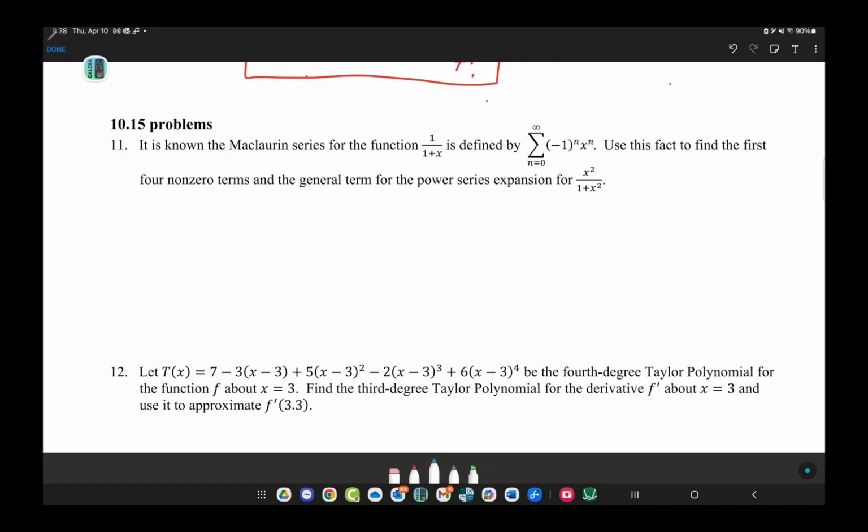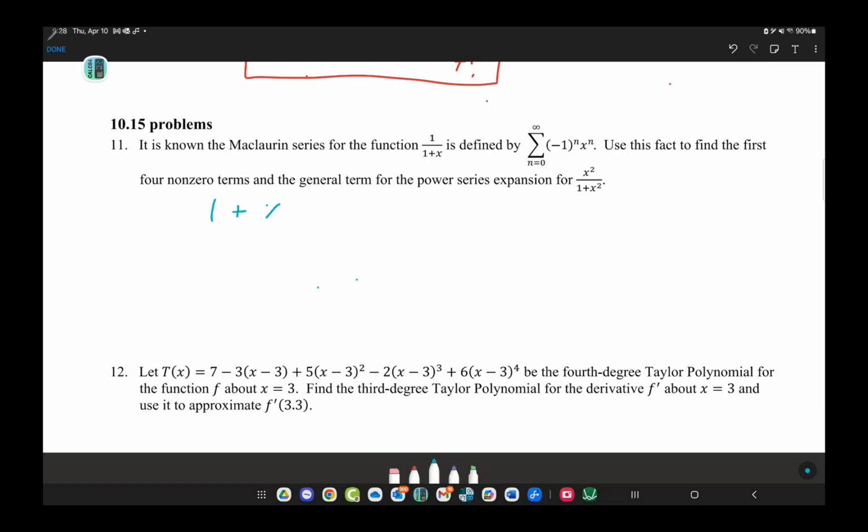All right, so the Maclaurin series for the function 1 over 1 plus x is defined by this, which is what we just talked about. It's 1 minus x plus x squared minus x cubed plus all that fun stuff. Use the first 4 non-zero terms and the general term of the power series expansion for this. So what is the Maclaurin series for the first 4 terms?